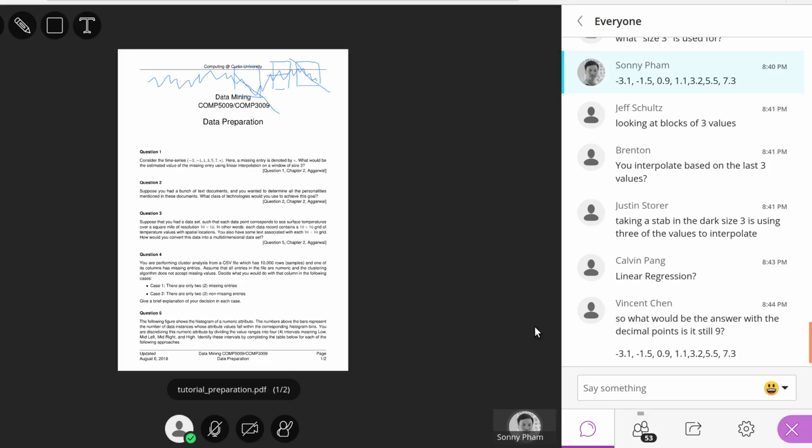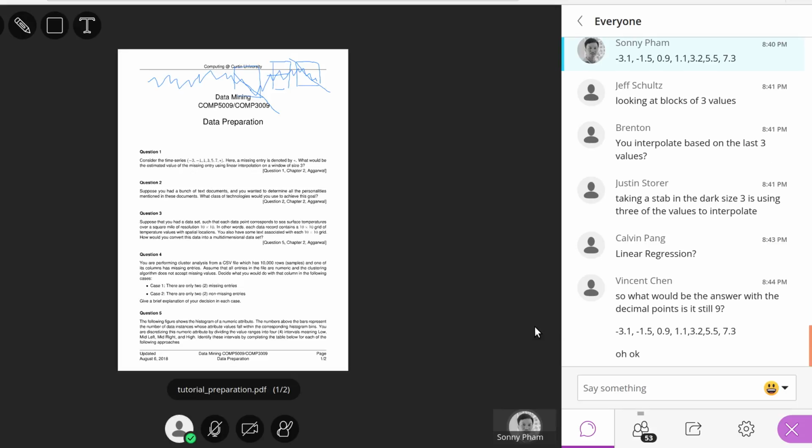And if you use, for example, least squares, in other words, you have to do some sort of model fitting, right? Model fitting is basically something where you work out the best fitting curve to fit the data points.